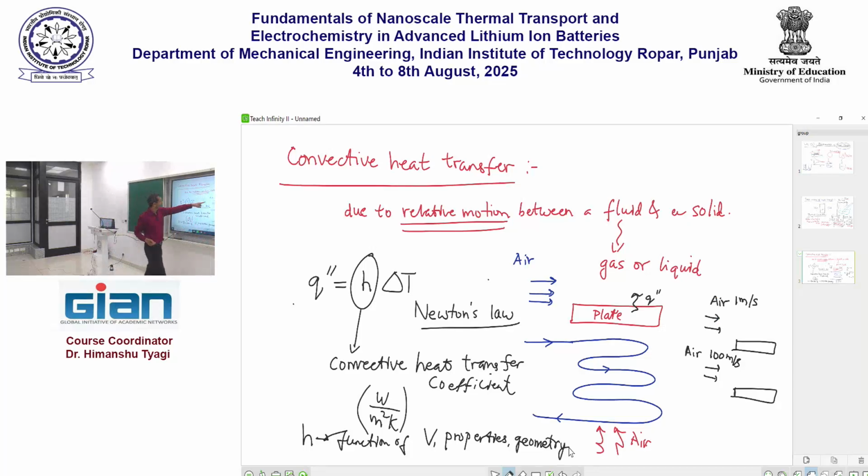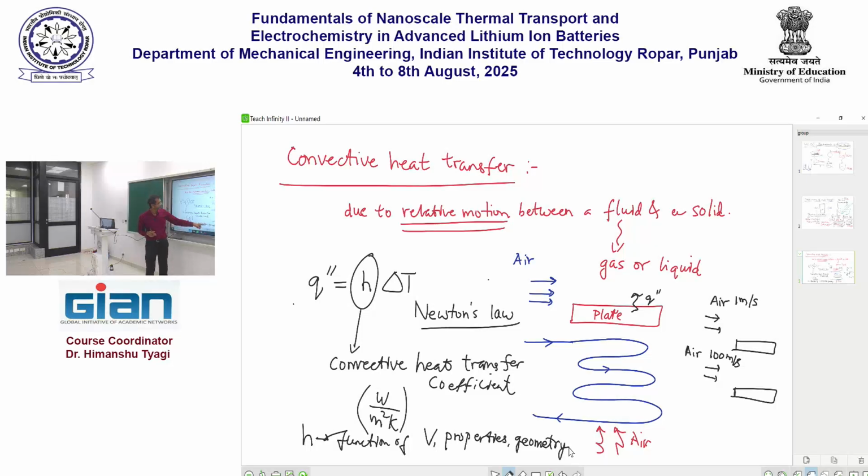The nature of this fluid also makes a difference. Whether you blow air over this solid or you blow water over this solid also makes a difference in how fast this solid is going to cool down. Because of its properties, water will be able to remove a lot more heat compared to just plain air.